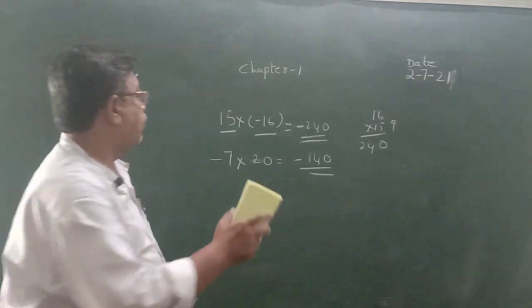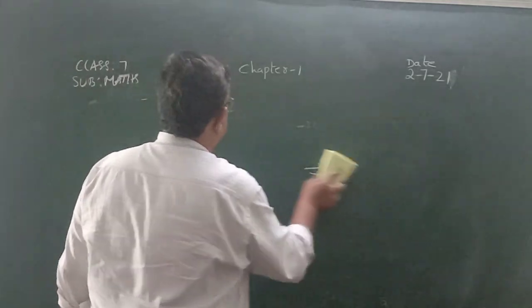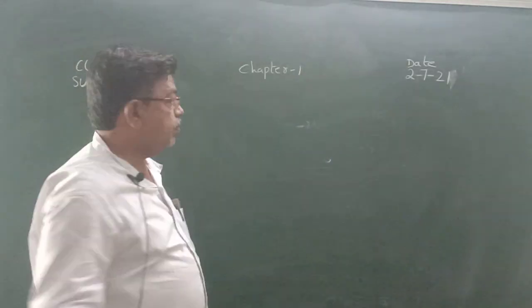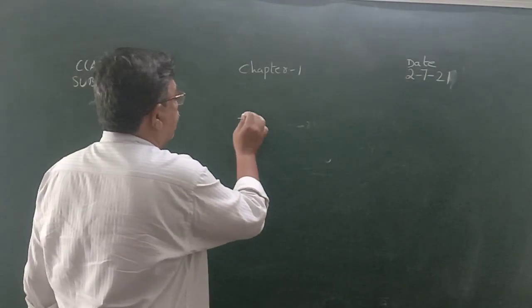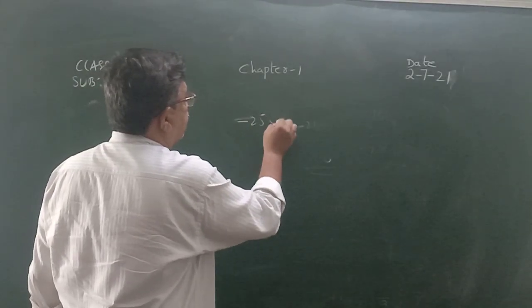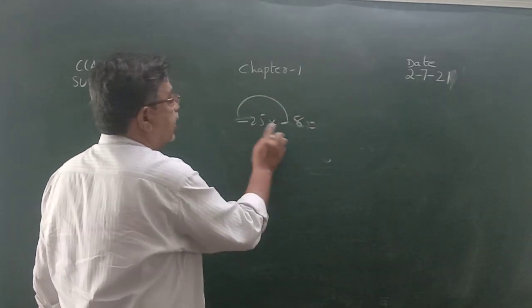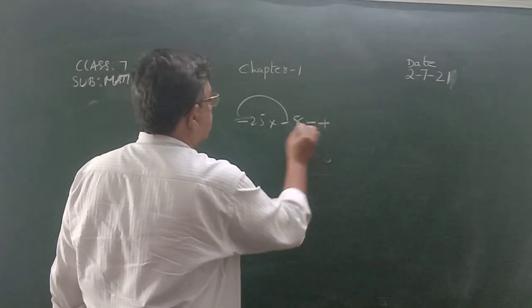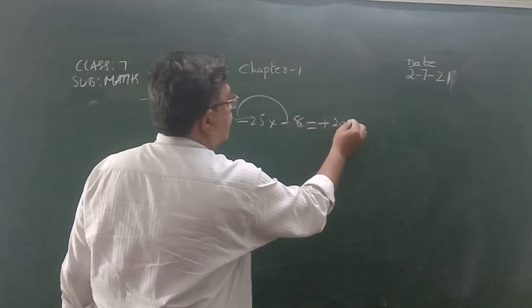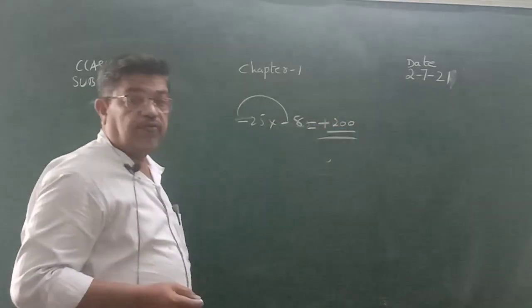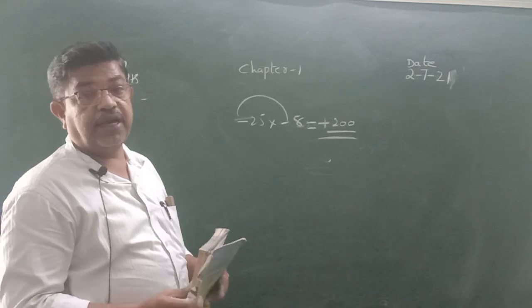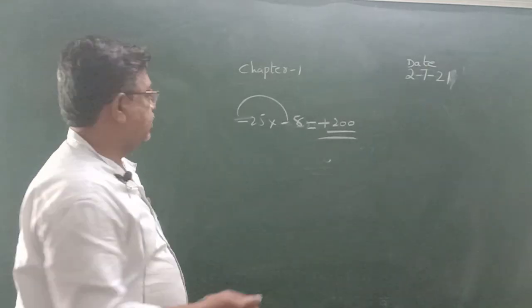Next, we take another example. Minus 25 into minus 8. Here we have taken two negative integers. Minus into minus is plus, 25 into 8 is 200. So the product of two negative integers is positive.